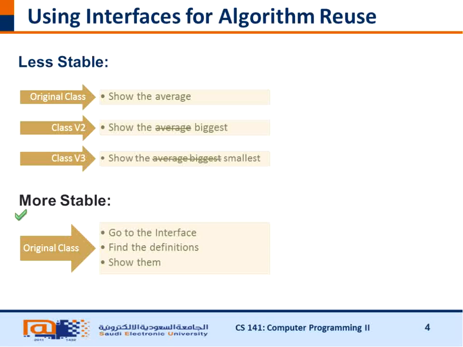And interfaces are more stable. Basically an interface declaration contains method signatures, default methods, static methods, and constant definitions. The only methods that have implementations are default and static methods.